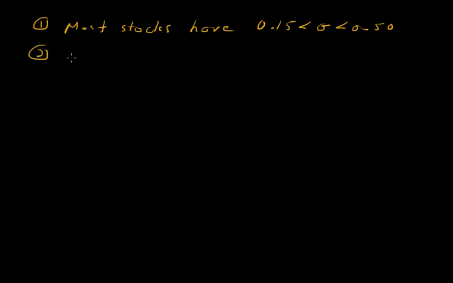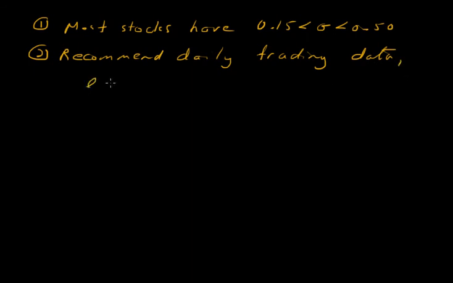Generally, a common recommendation is to use daily trading data. So if that's the case, you'd actually have your L being something like 1 over 252, because there's that many trading days in the year.